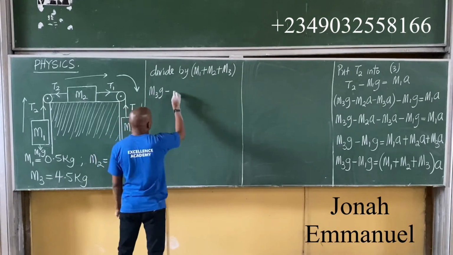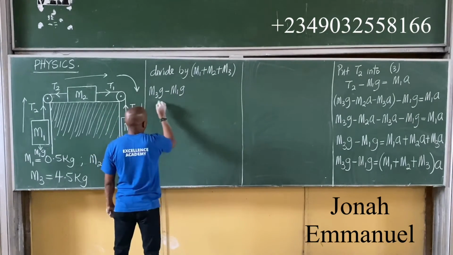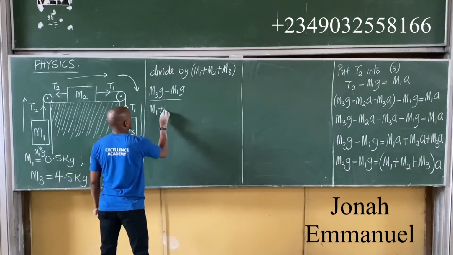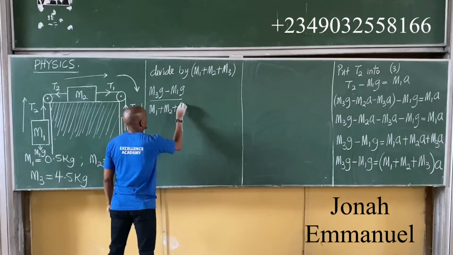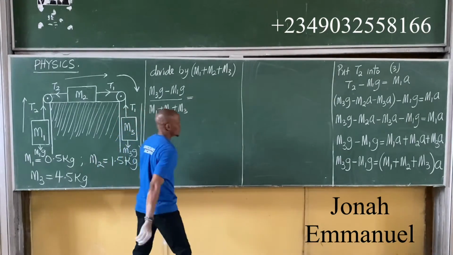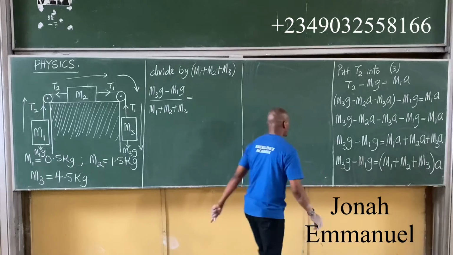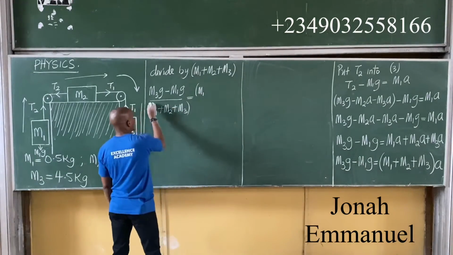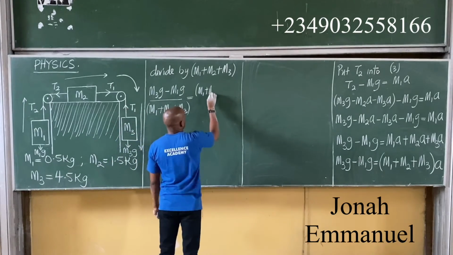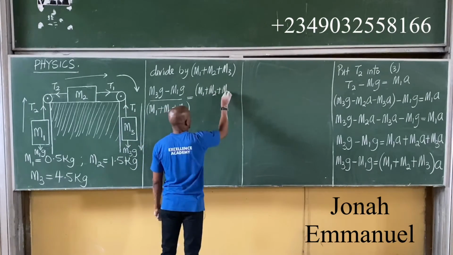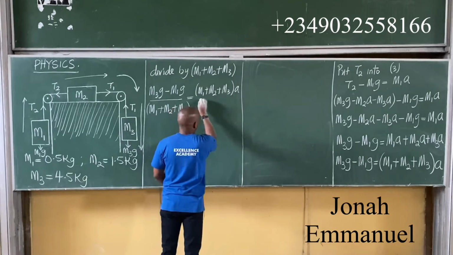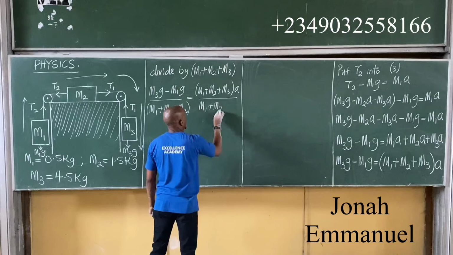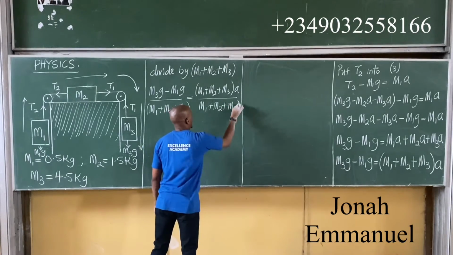So it becomes M3G minus M1G all over M1 plus M2 plus M3 is equal to this one here, that's M1 plus M2 plus M3, all times A, all over M1 plus M2 plus M3.